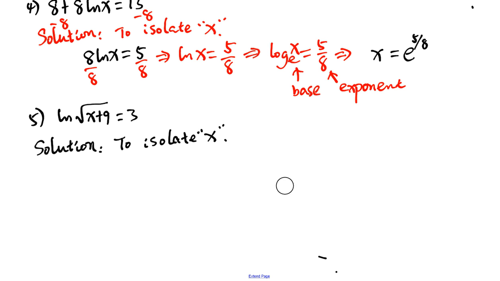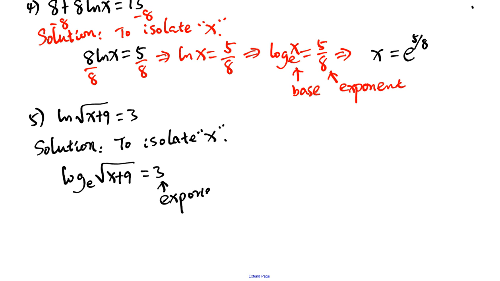How to isolate x? In this case, we want to rewrite natural log as log base e. Again, you want to write to yourself: logarithm is exponent, here is the base.